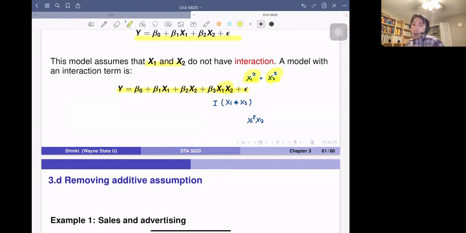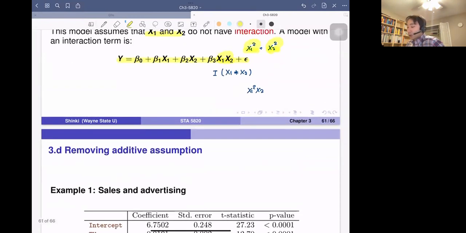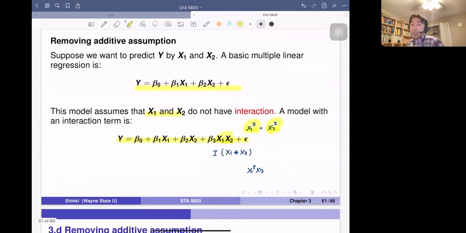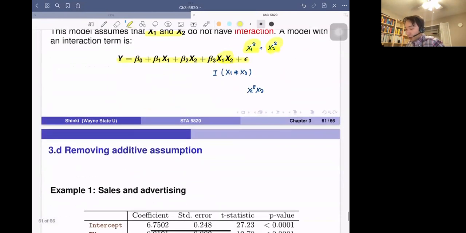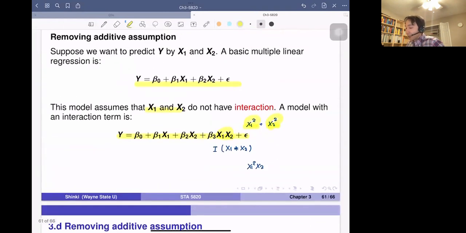These days we have many fancy models such as support vector machines, tree regression models, neural networks, but often they're using interaction terms to solve the problem. A linear model with interaction terms sometimes performs better than a support vector machine or neural network. So you can always consider including the interaction terms.